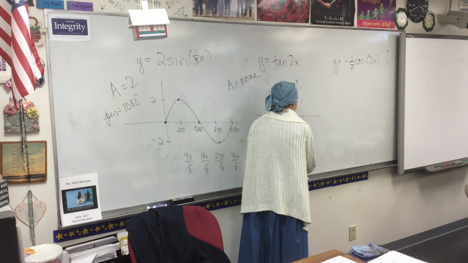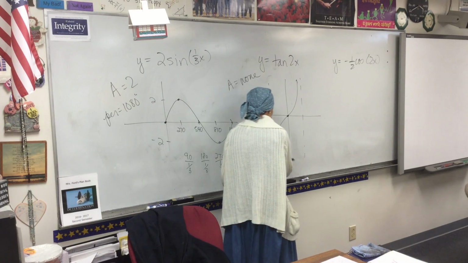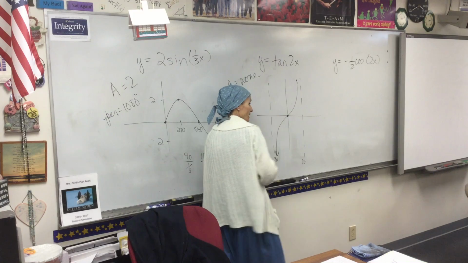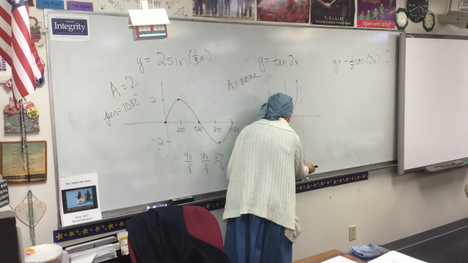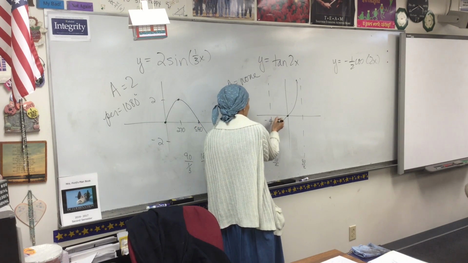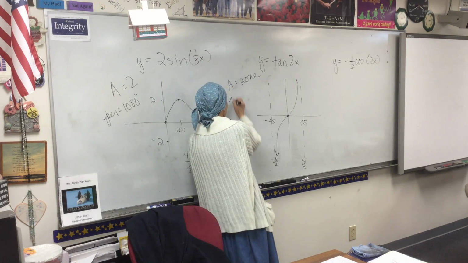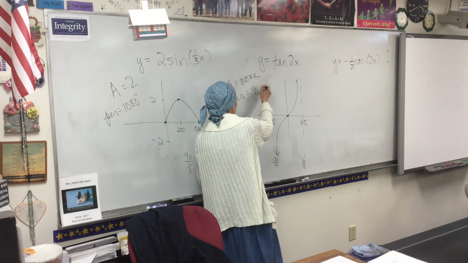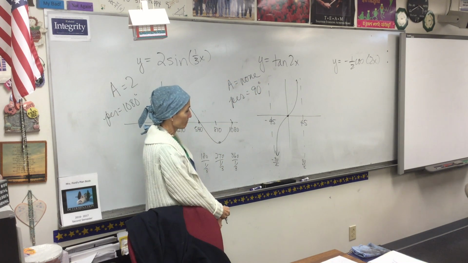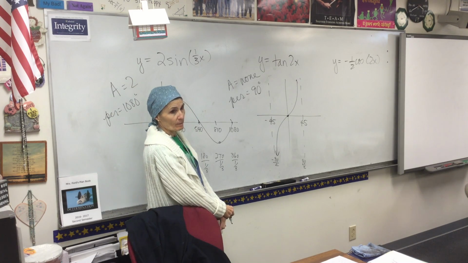Where are the asymptotes supposed to be for a normal regular tangent? Negative 90 and 90. But again, we stuck a number in there, so that number is going to divide those. So these asymptotes are going to be at negative 45 and 45, which means your period is 90 from here to here. Everybody good?